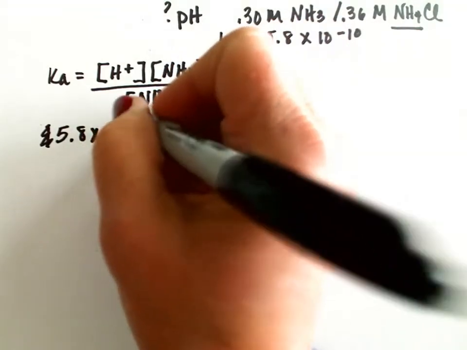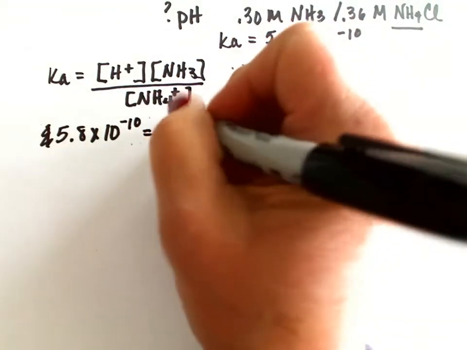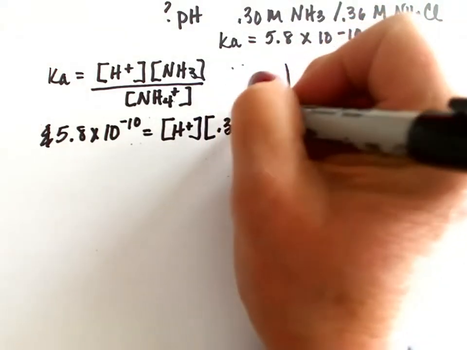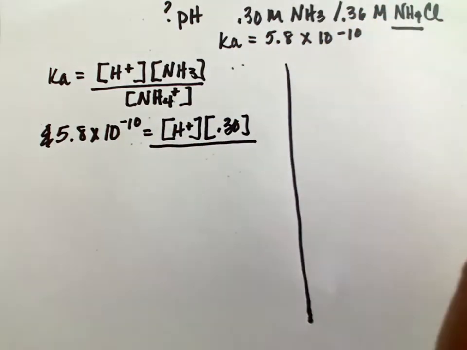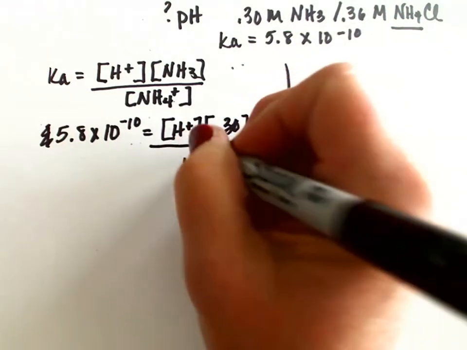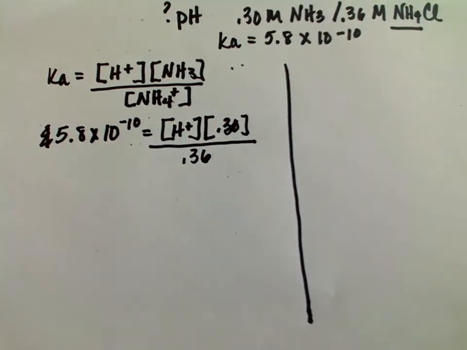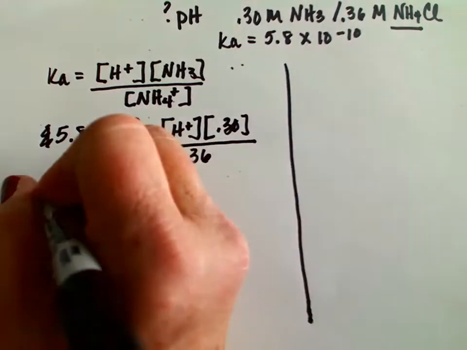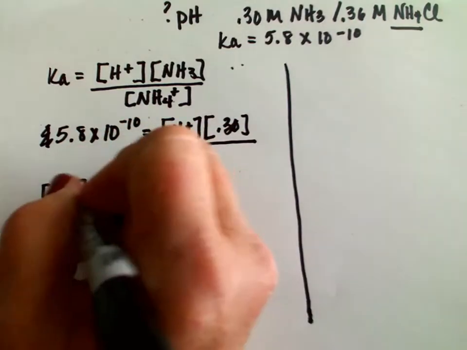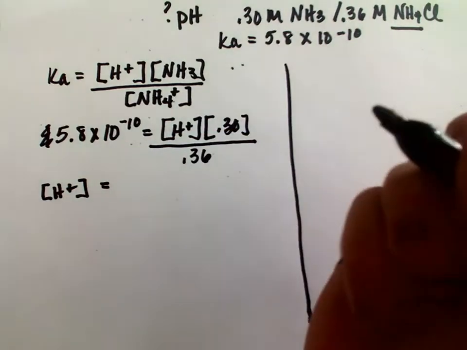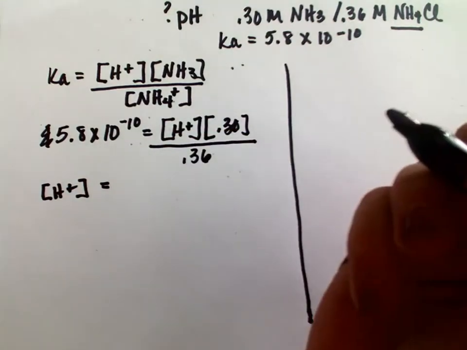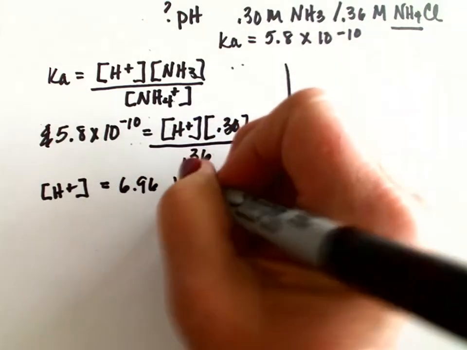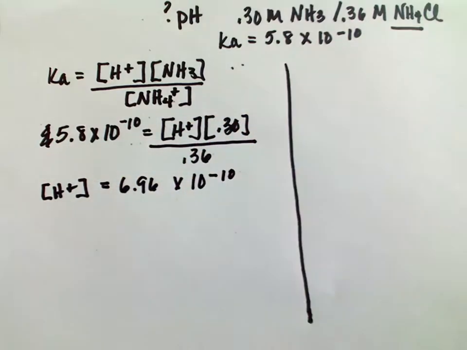We'll determine hydrogen ion concentration. And we have 0.30 molar ammonia. We'll divide that all by 0.36 molar for the ammonium ion. And our hydrogen ion concentration then equals 6.96 times 10 to the negative 10.